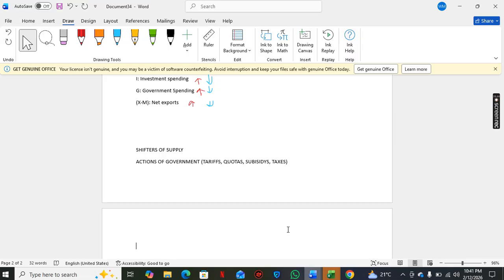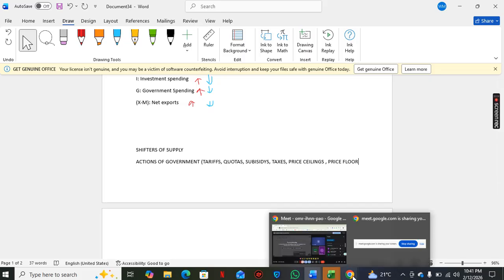You have also got government price controls. Remember the price ceilings and the price floors? Do you remember these two terms, colleagues?